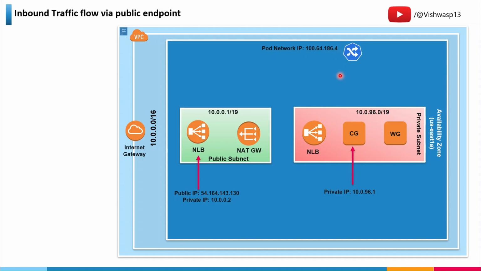The next actor in the sequence is the worker node. It will only have a private IP address, which is 10.0.96.2 in this case, and it belongs to the private subnet, which is 10.0.96.0 with a mask of 19. This node will host the pods with Mule runtime installed, and the Mule apps are deployed to these pods. So the Mule pod in this case has the pod network IP address of 100.64.87.222.